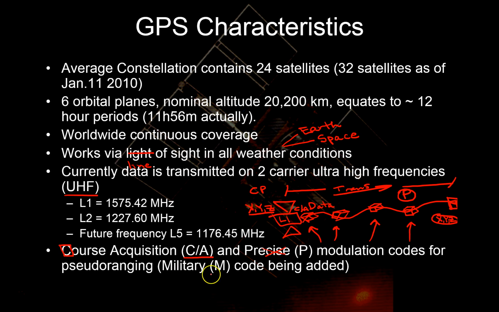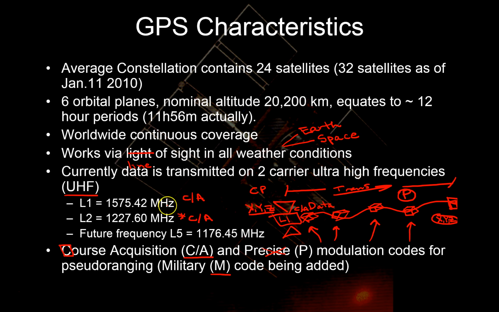There are new codes being added. One example is the M code, a new military code, which is designed to perform the same thing as the P code, but better. There are also other civilian signals being added. Right now there's only a CA code on L1, but a new CA code is being added to L2.